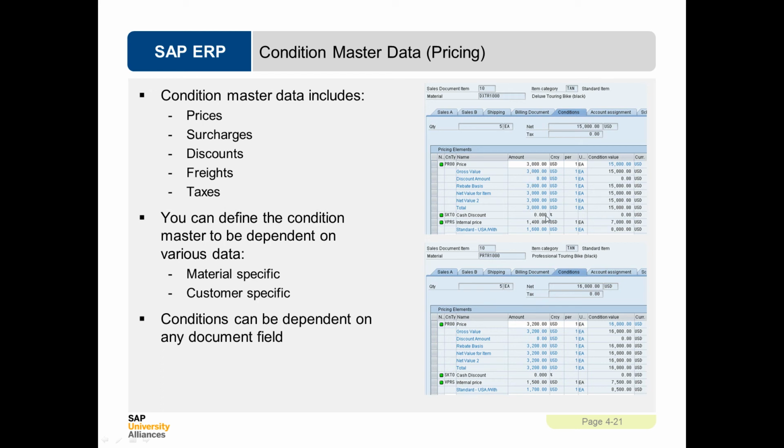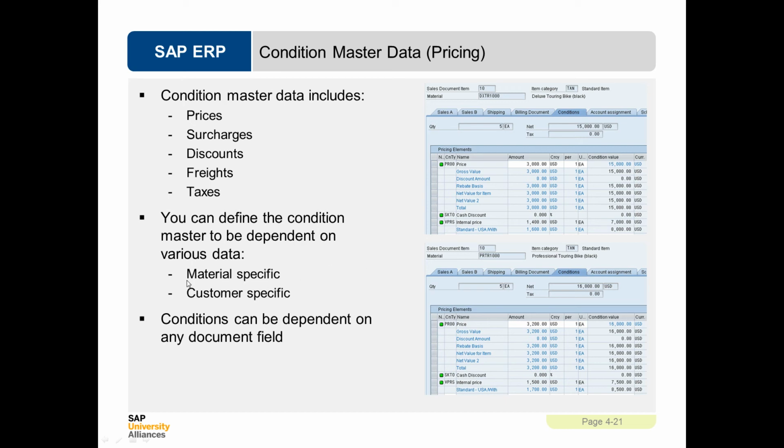Sometimes the cash discount will flow from the customer master if you've negotiated a particular agreement that says you're such a good customer, you get a particular cash discount. On the other hand, the cash discount could be calculated on the basis of the total gross amount of the order. In other words, condition master data can come from a number of different master data.